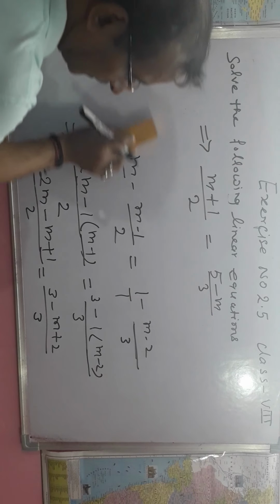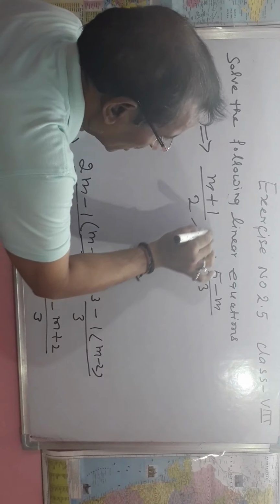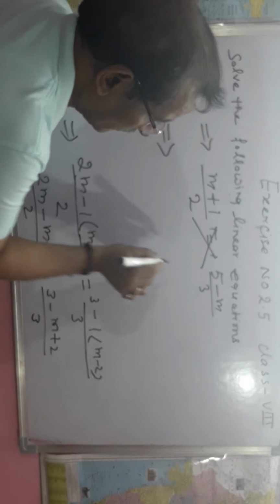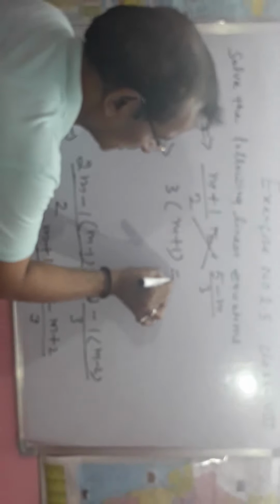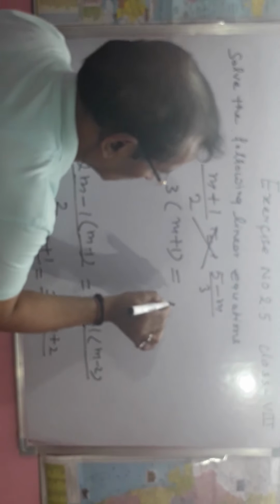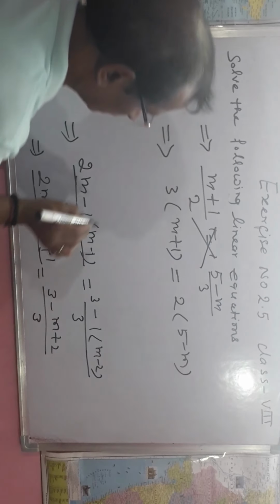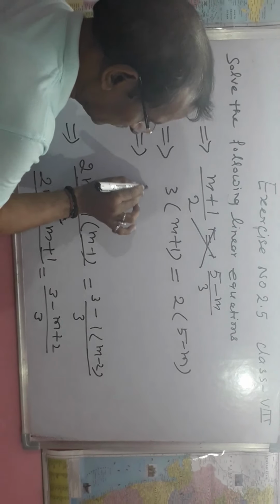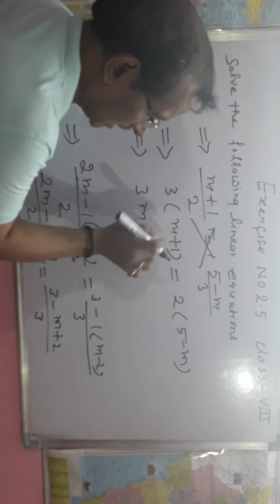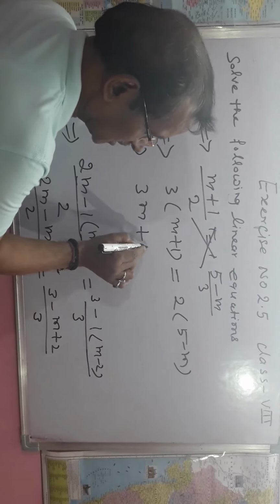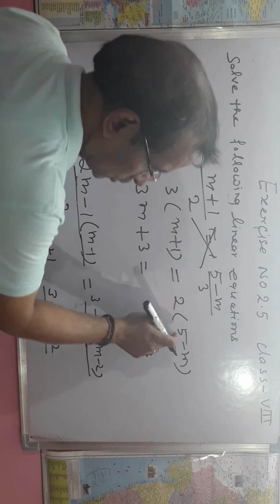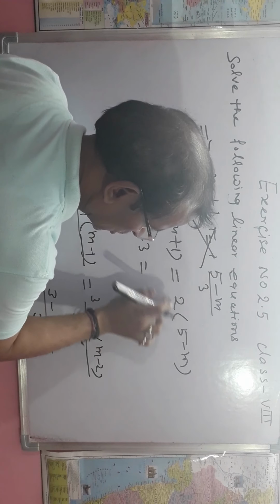Then we should do cross multiplication here. Then we will multiply 3 multiplied by (m plus 1) is equal to 2 multiplied by (5 minus m). Then we get 3m plus 3, and 2 fives are 10, minus 2m.